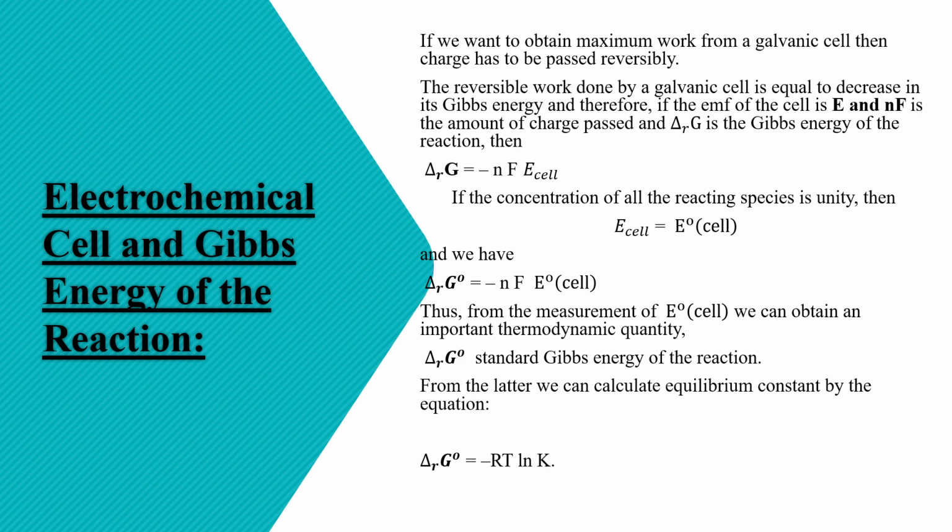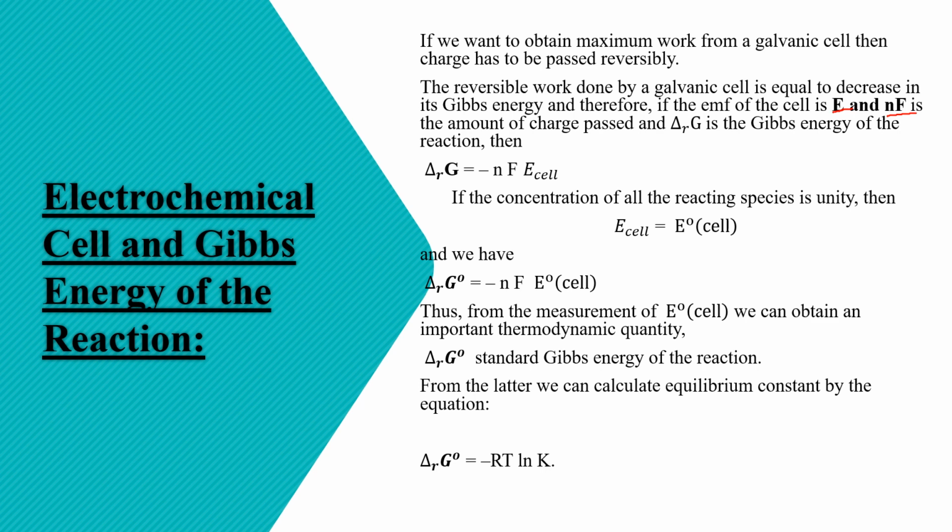The EMF of the cell is E, nF is the amount of charge passed, and delta G is the Gibbs energy of the reaction. Then the value of delta G comes to be minus nF E of cell, where E of cell is the cell potential or EMF of the cell.